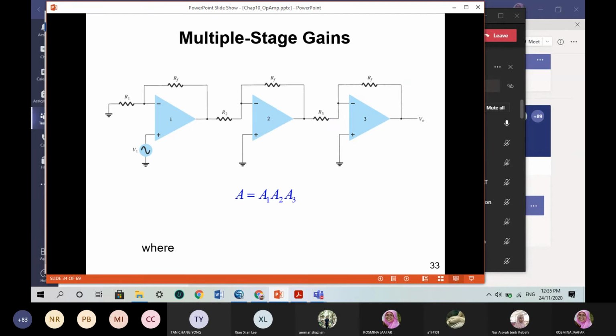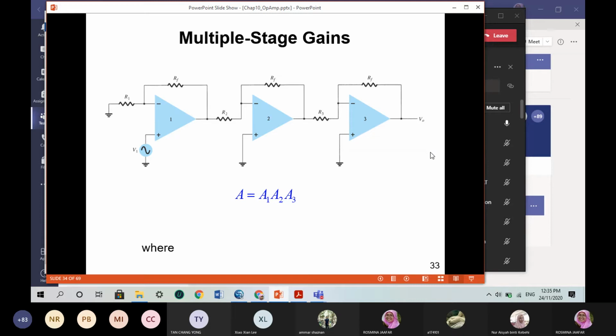Then you can have a multi-stage gain amplifier. For example, if you have an inverting amplifier A1, a second inverting amplifier A2, and a third inverting amplifier A3.